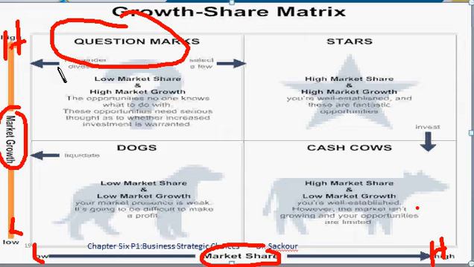There is something wrong. However, we have to move it, or not. I say we should move it to the best situation, where market share is high and market growth is high.